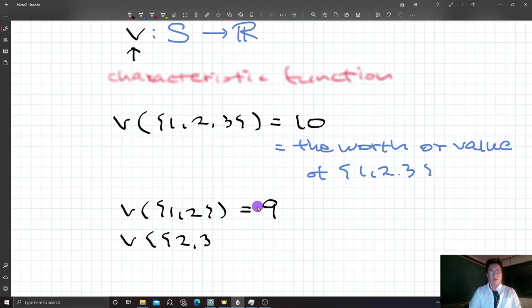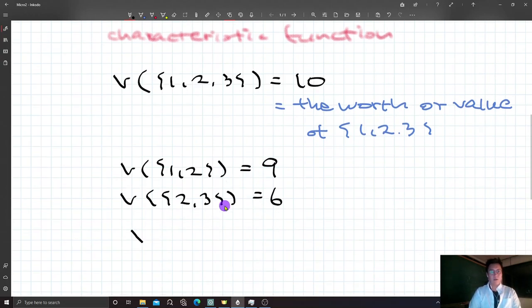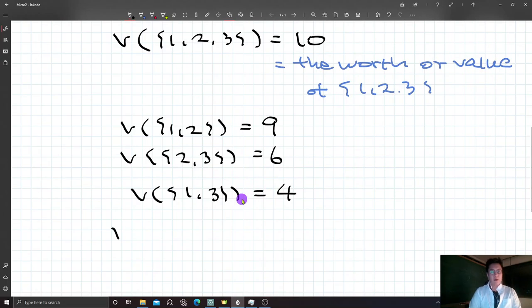Say 2 and 3 can make 6. And 1 and 3 make 4.